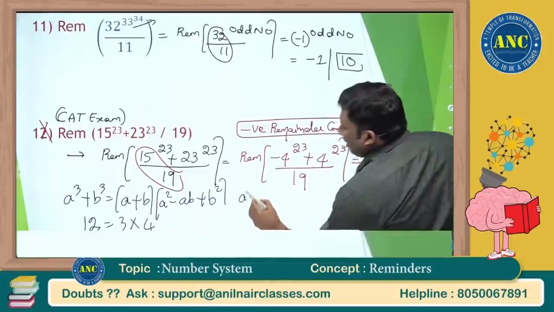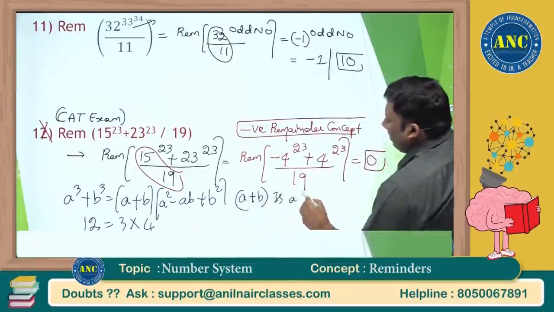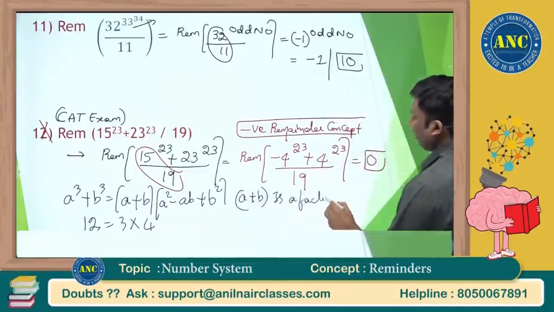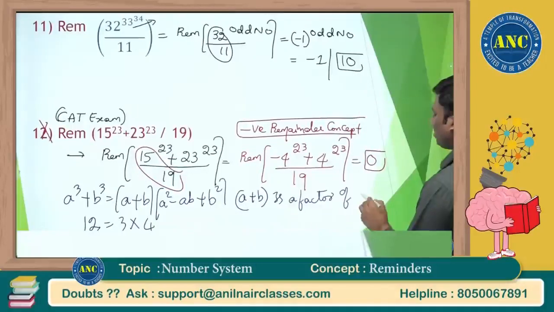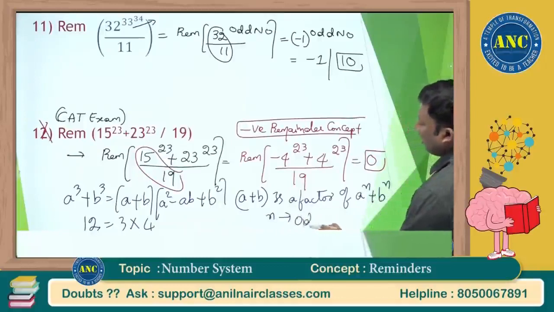That means A plus B is a factor of not only A cube plus B cube, it is a factor of A power n plus B power n if n is an odd number.